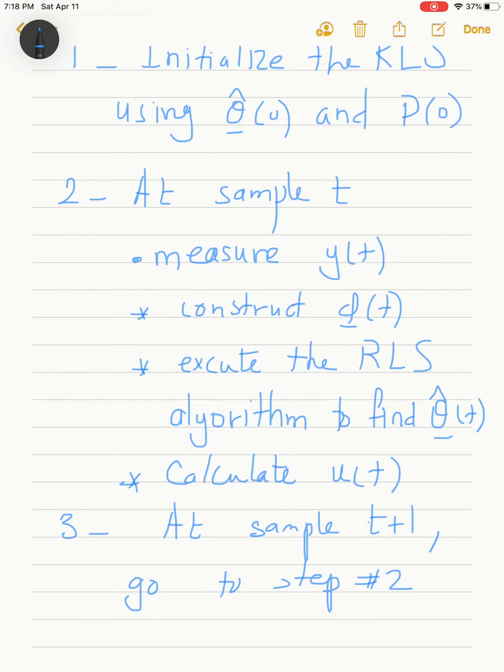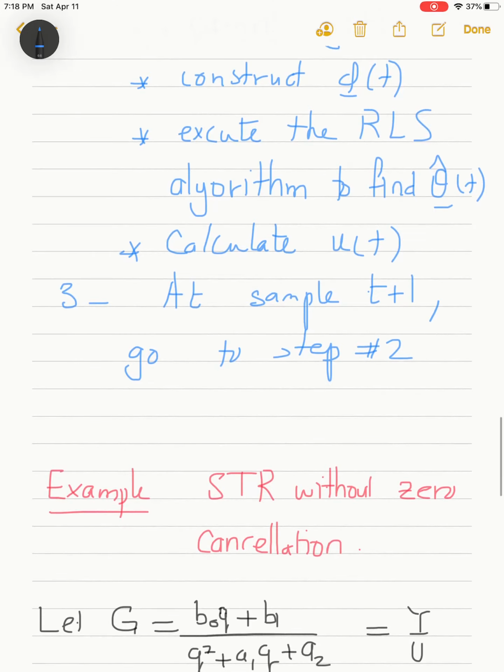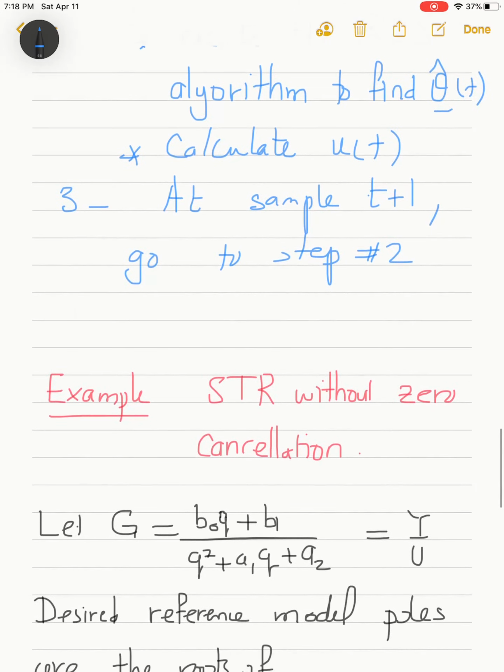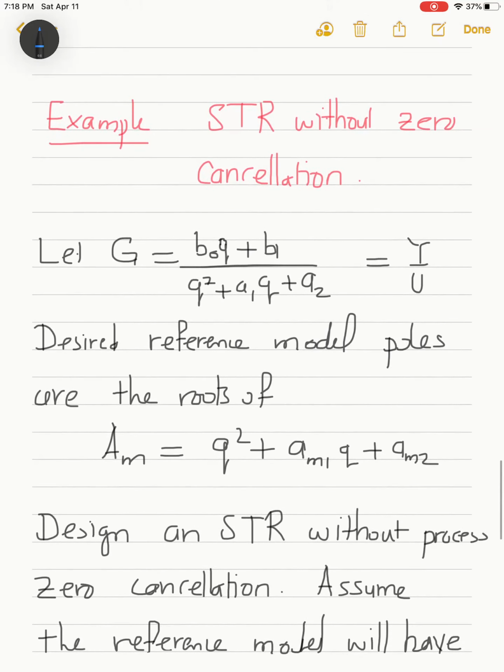The second example that I'm going to consider is an example where the process zero is not cancelled. So let us assume a second order system with unknown parameters b0, b1, a1, and a2, and assume that we are given the required poles of the reference model in the form of the polynomial Am.